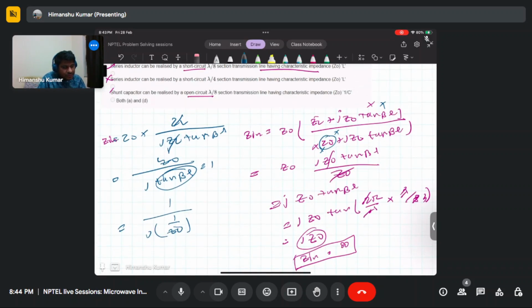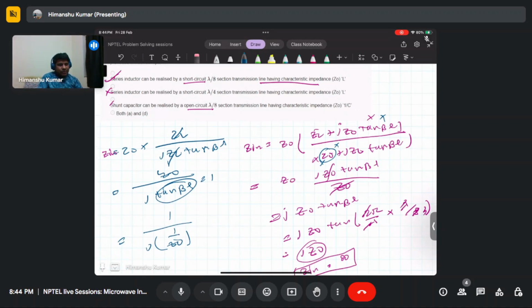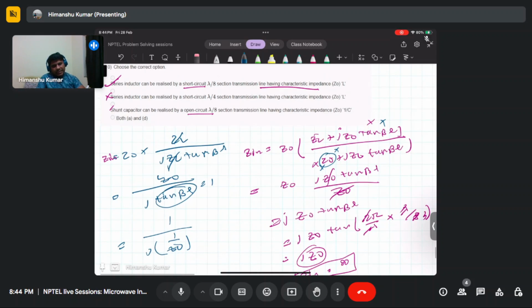If you take the characteristic impedance appropriately, then you can realize the shunt capacitor. So the correct answer is this one also, the first and third are correct answers. So the fourth one is the correct answer.